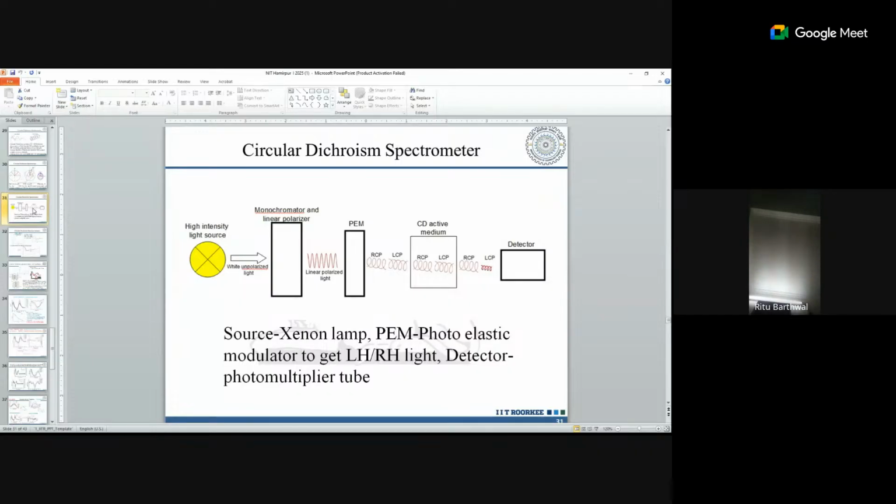The detector is again a very sophisticated photomultiplier tube. Also, we use some charge coupled device. So the extra things that you have compared to absorption spectroscopy are the polarizer and this photoelastic modulator. Otherwise, same xenon source, detector, and cells. This is the instrument.